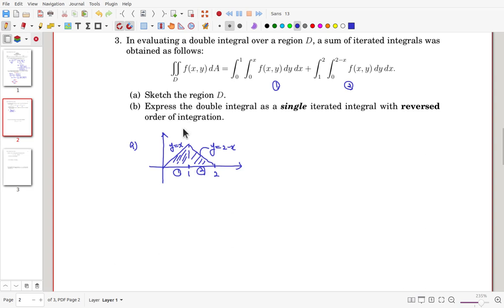Now, let's try to express the double integral as a single iterated integral.